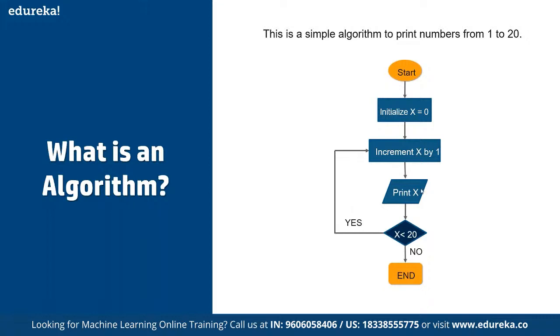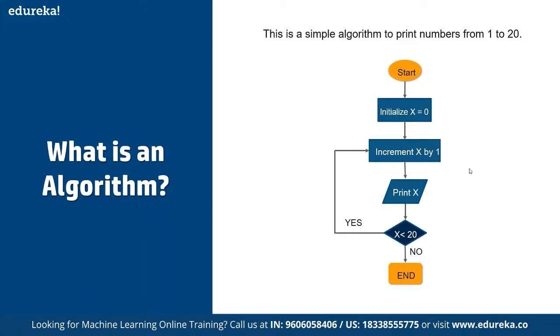This is going to keep going on and on until x becomes equal to or greater than 20. And if it is not less than 20, then the entire program is going to end. That is what we do as part of the algorithm. All right, so that exactly is what a complete algorithm is.